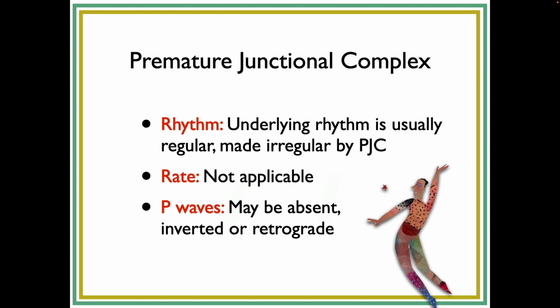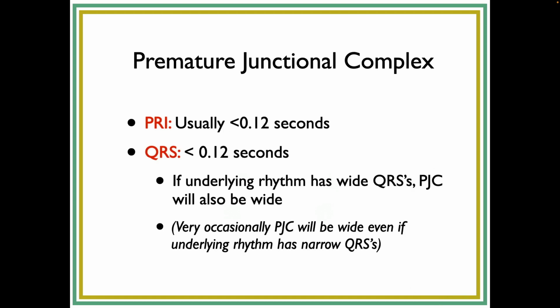P waves, it's junctional, maybe absent, inverted, or retrograde. PRI, if there is a P wave, not always, but usually it's short. QRS, it's still supraventricular, so it's usually narrow. Now, if there is an IVCD and the sinus rhythm has a wide QRS, the PJC will as well. Okay.